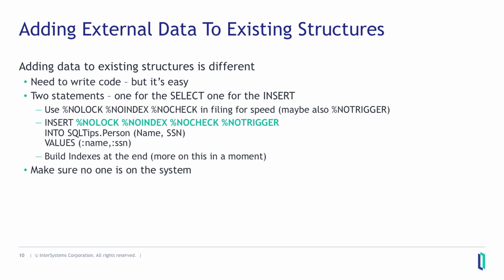You do want to make sure no one's on the system, because you're not locking and you're not updating indexes, so if people are trying to read these tables, they might get the wrong results. This is for the no one on the system, you're getting the data in for the first time scenario. And %NOCHECK doesn't check the data on the way in.